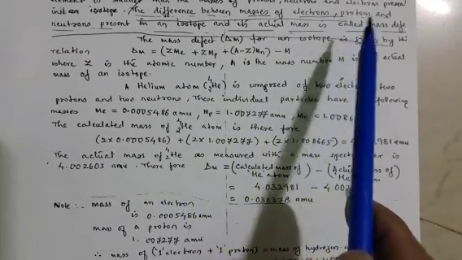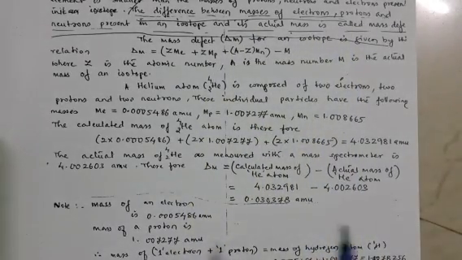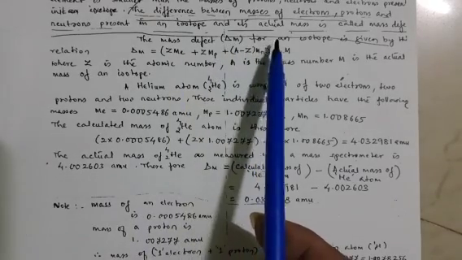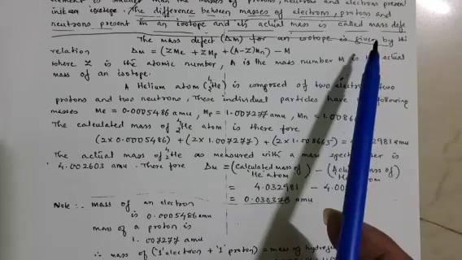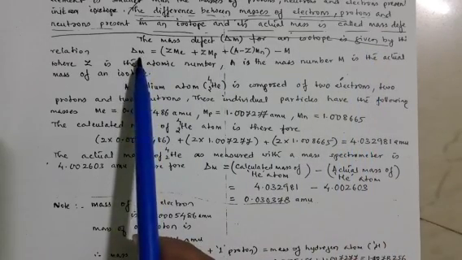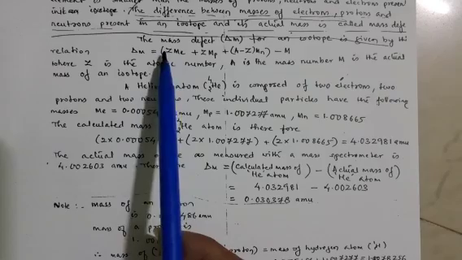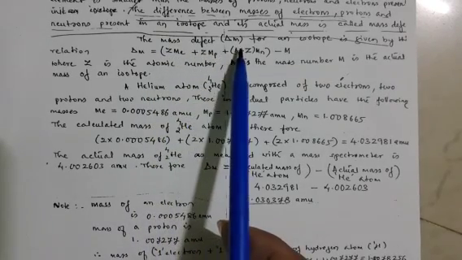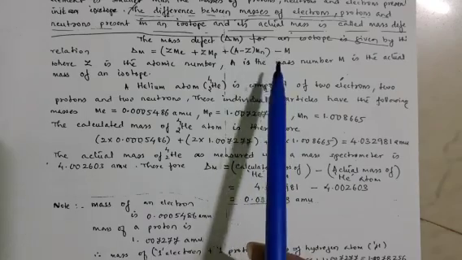The mass defect, represented by delta m, can be calculated using this relation: delta m = ZMe + ZMp + (A - Z)Mn.